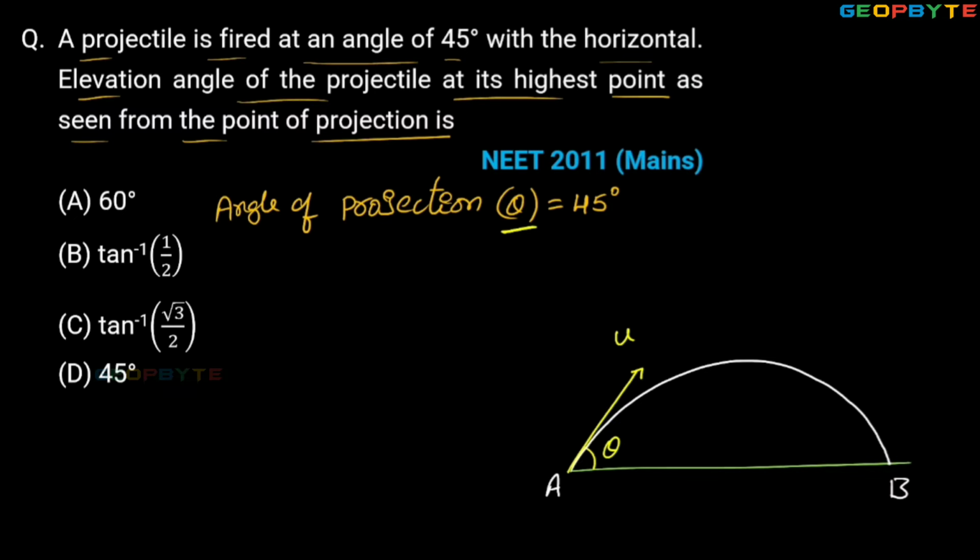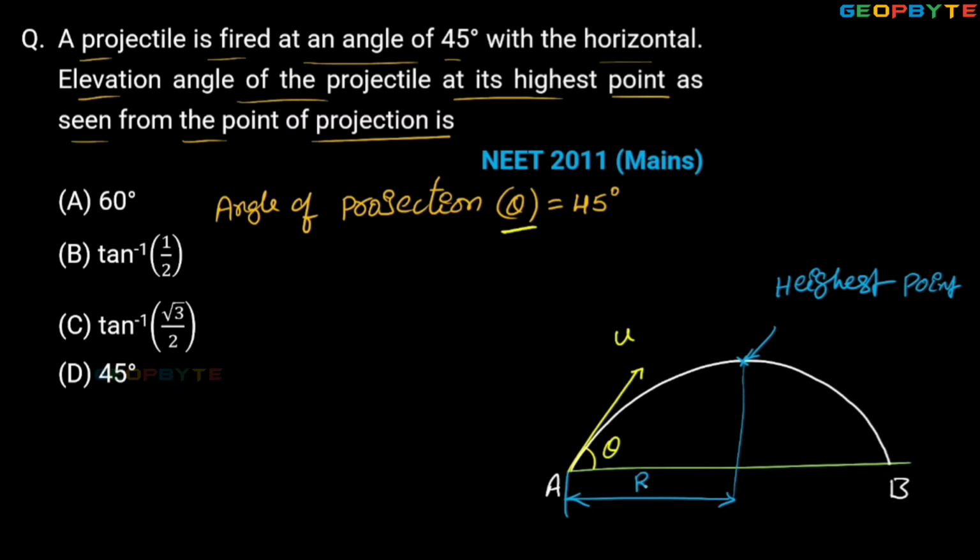It is asking for the elevation angle of the projectile at the highest point. Where do you find the highest point? This is the highest point. That highest point generally occurs at half of AB.